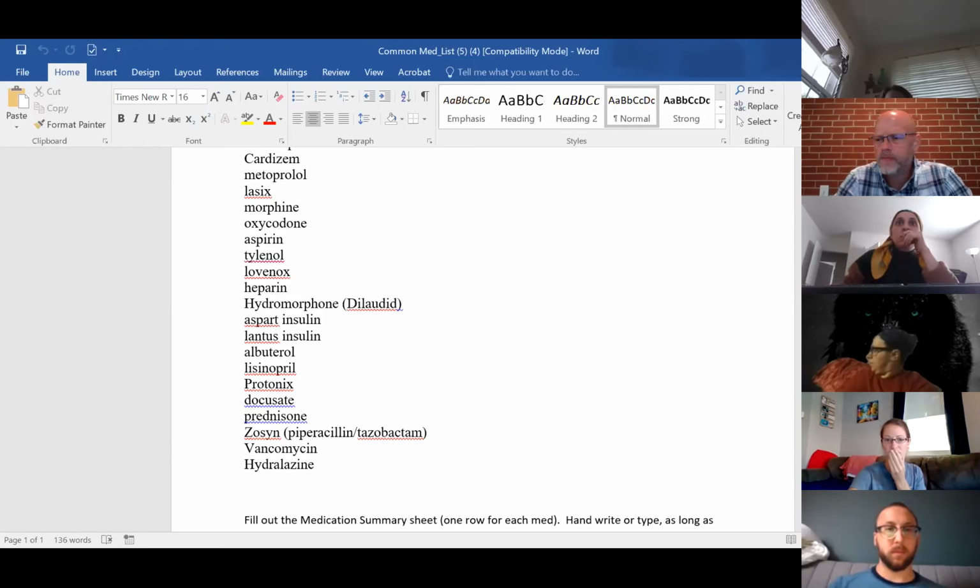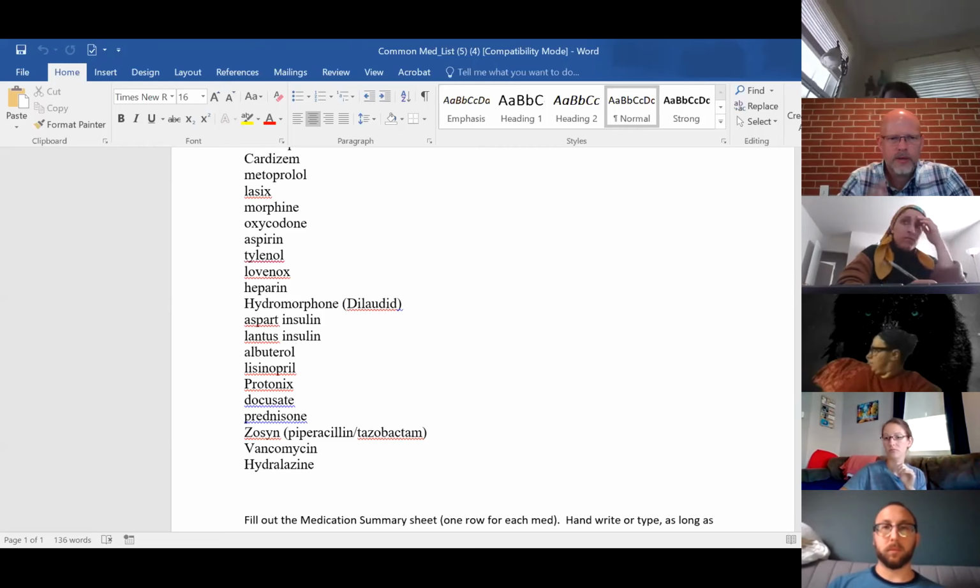Albuterol. Beta blocker? Isn't it a steroid? A beta agonist. Yep. Albuterol is a respiratory drug. We use it to dilate the bronchioles. And since it's a beta agonist, what could it do to your heart rate?